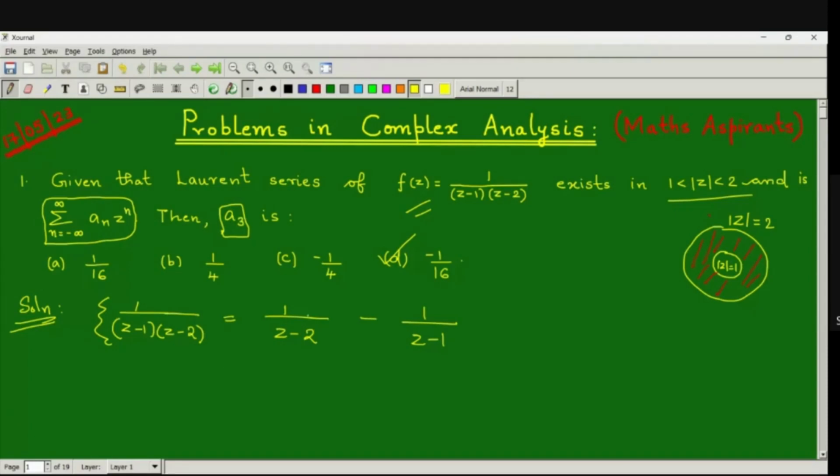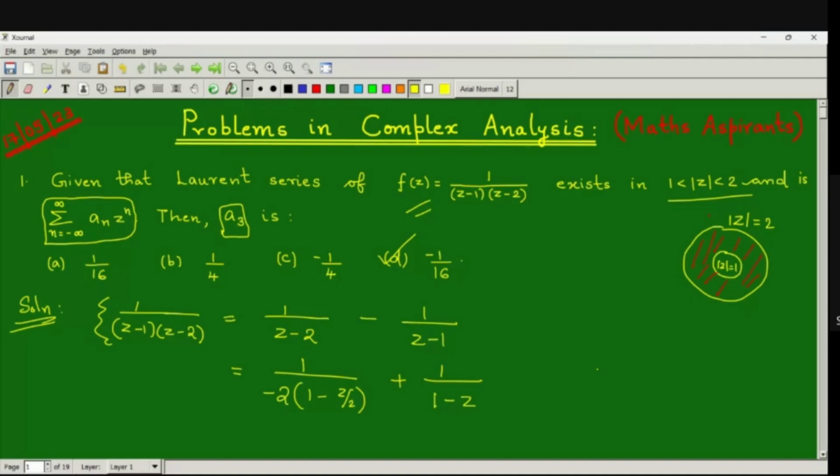So now we know that the Laurent series expansion of this thing is easy. How can we modify this? We can take minus 2 outside, and what is this? 1 minus z by 2, plus 1 by 1 minus z.